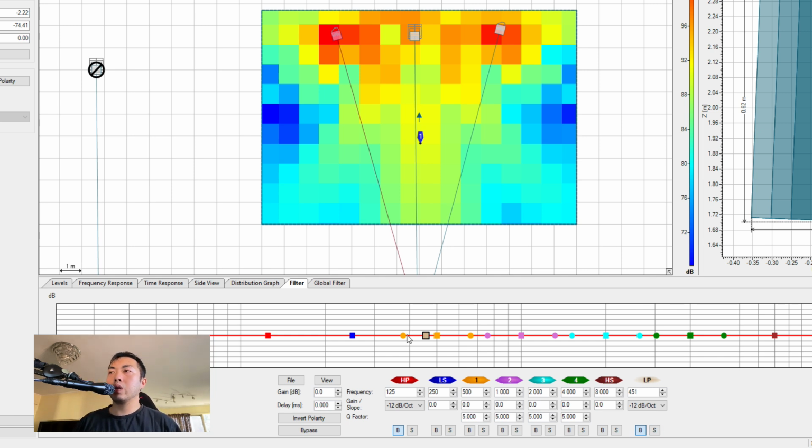And what we're going to do is we're going to put a low pass filter at those frequencies.